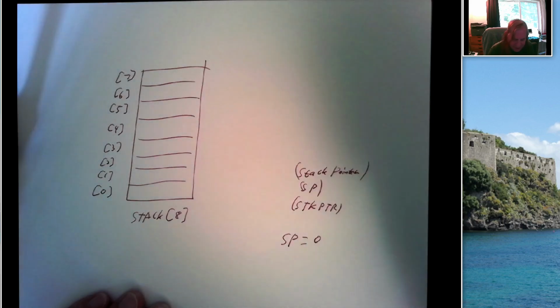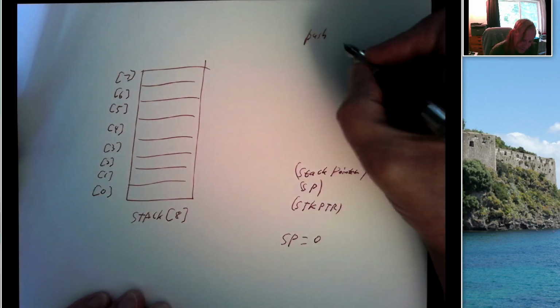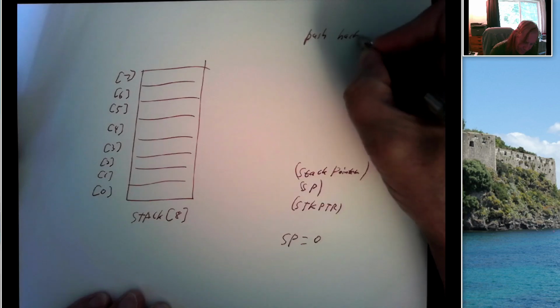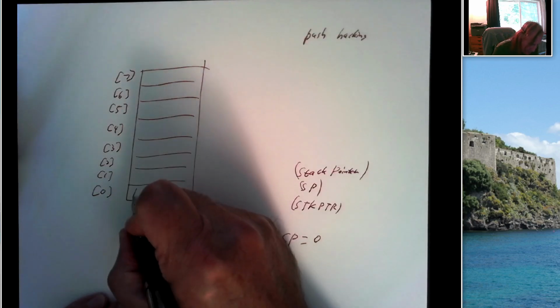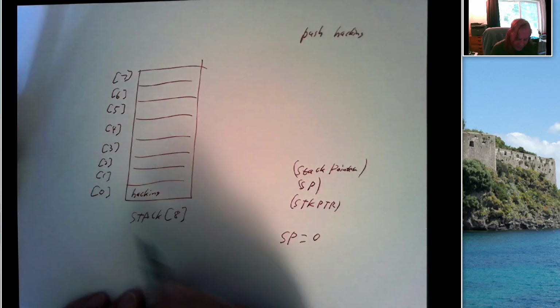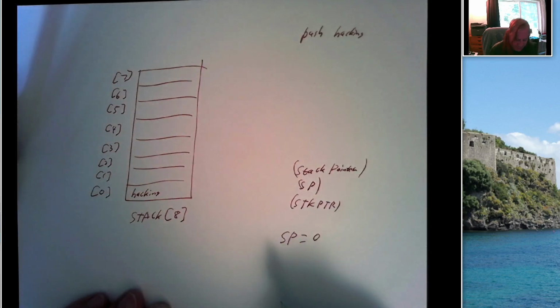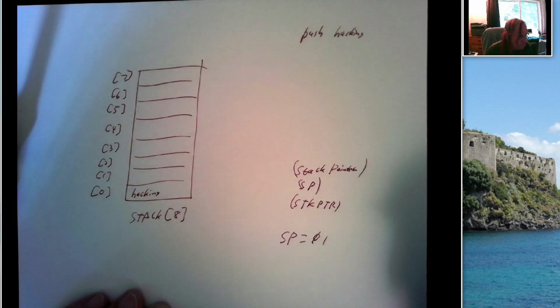And so if I say let's push, I don't know, let's push a Book of Hacking, here's what's going to happen. We could take that thing and we could store it in this array element specified by SP. So we store it at location 0, and then we increment SP.